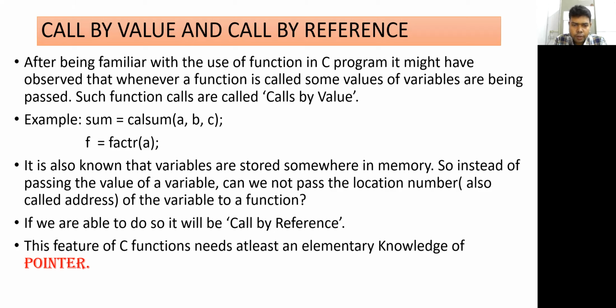So how can we do that? To do that, we have to go for call by reference. So what does call by reference mean? To understand the concept of call by reference, we have to first know about a special feature of C programming, and that is the pointer.